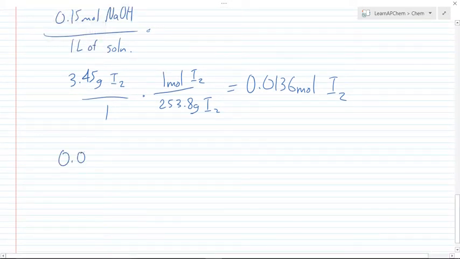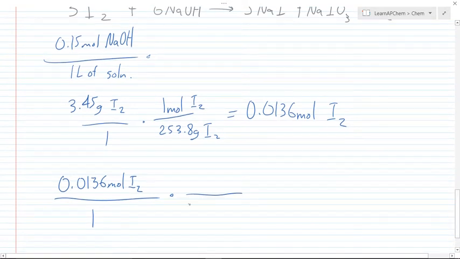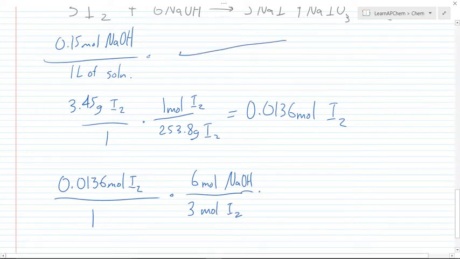So 0.0136 moles of I2. Now I want to convert that to moles of NaOH. So for every 3 moles of I2, we have 6 moles of NaOH. This is going to give me the number of moles of NaOH, but I'm actually after how many liters of solution, so I can use this right here to convert back to liters of solution.